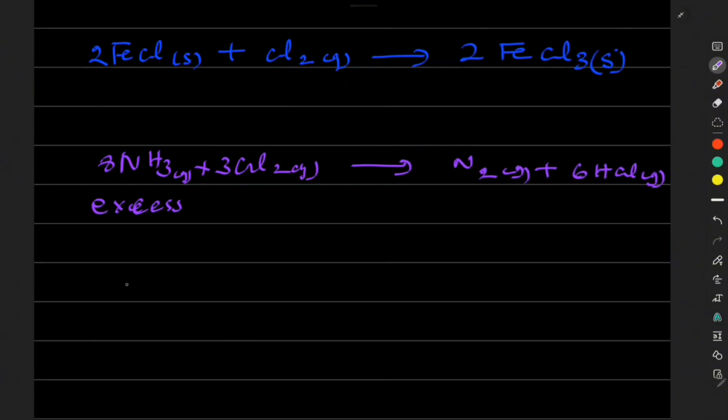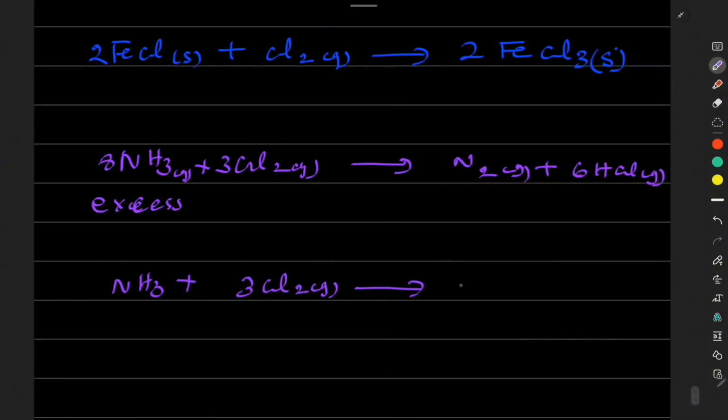And the next one is NH3 plus excess chlorine. Here they react with excess chlorine. 3Cl2 gas, they form HCl gas plus NCl3 liquid.